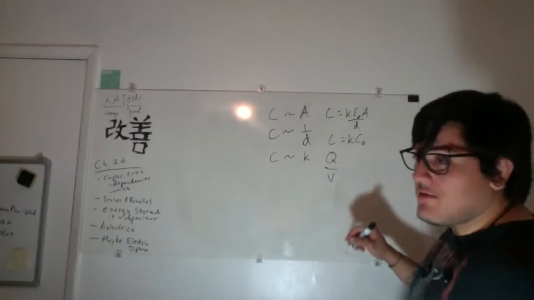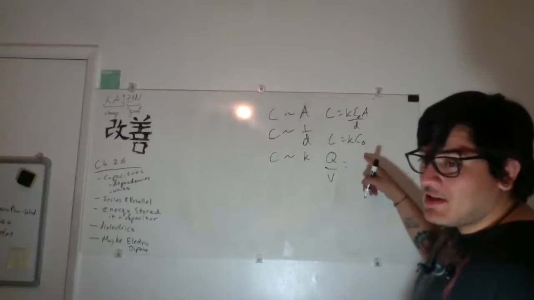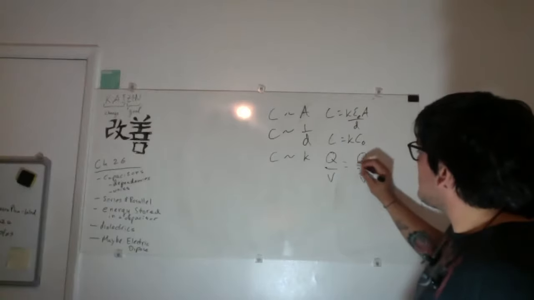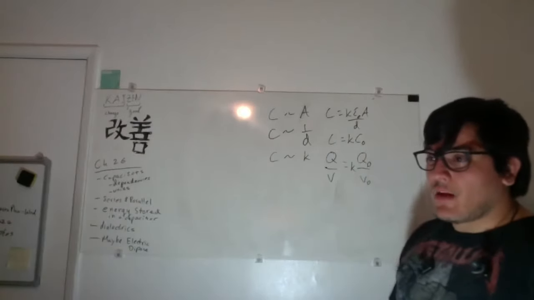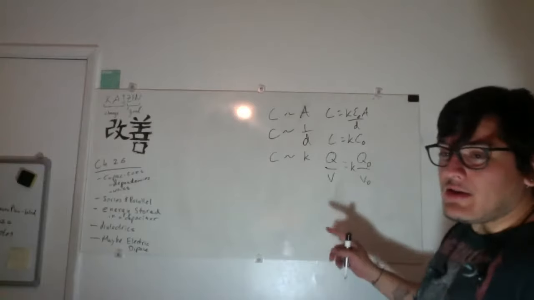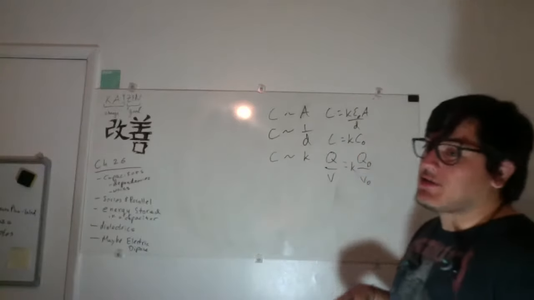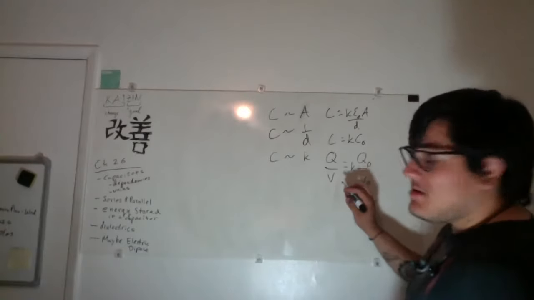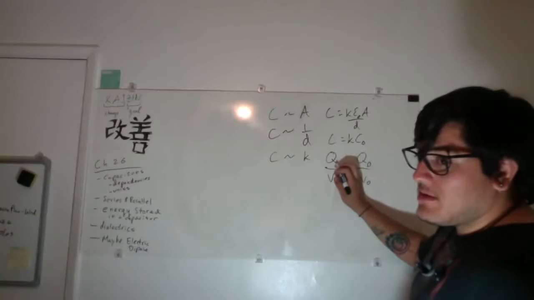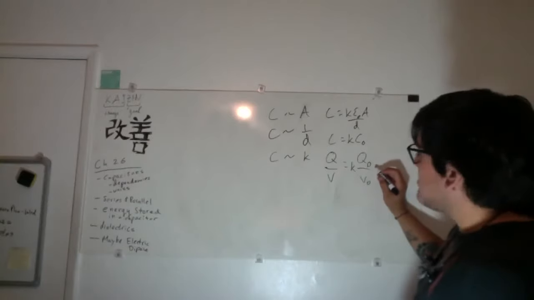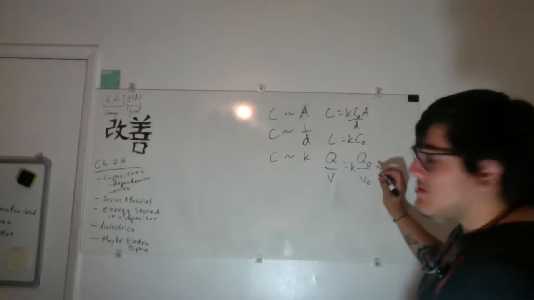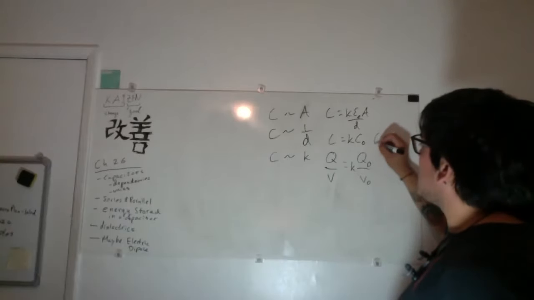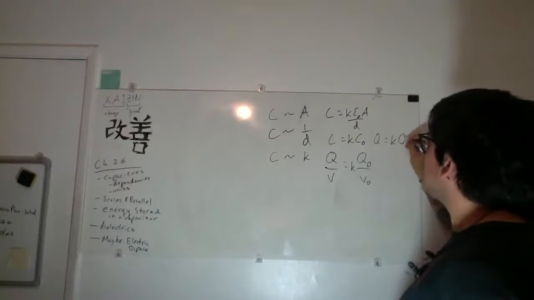Okay, so if C is Q over V, then if this follows, you can see two relationships here. You can see that Q is directly proportional to kappa, so you can say Q is equal to kappa times Q0.